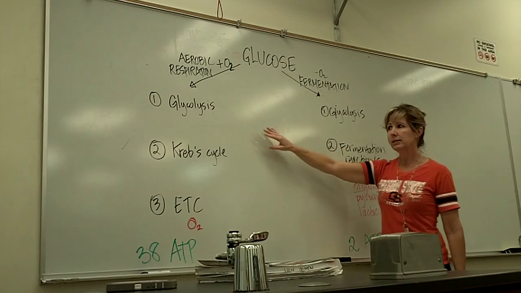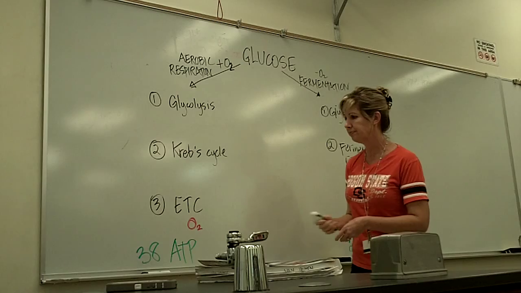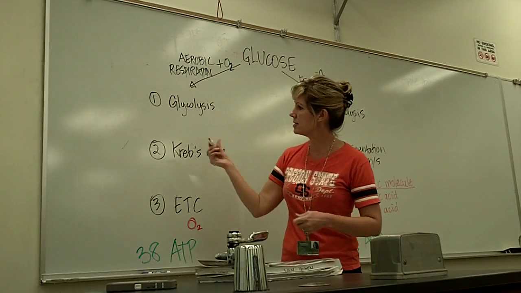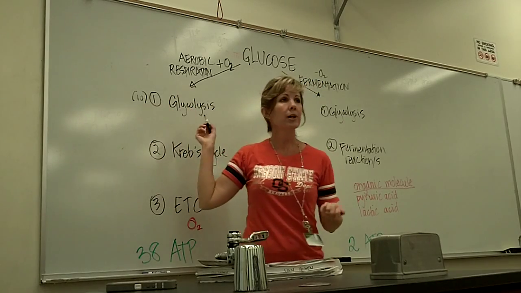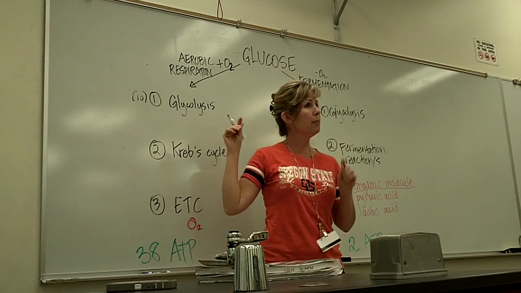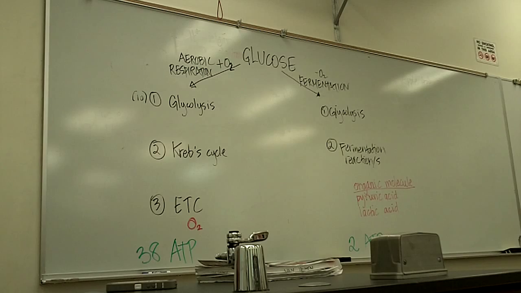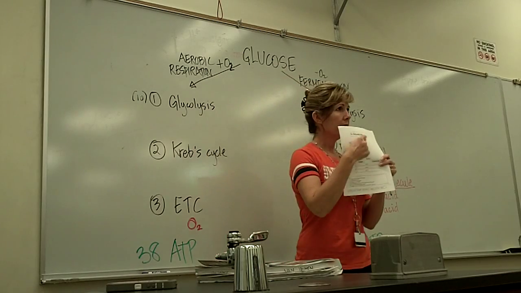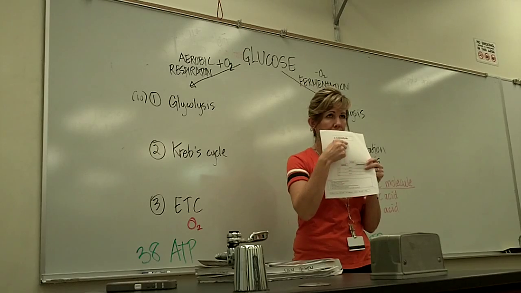Now let's look at a little more detail with aerobic respiration and fermentation. And I did mention that glycolysis is really 10 different reactions. You don't have to memorize that. But I do want you to realize that even though I have it as just one single arrow, I have just folded in 10 different chemical reactions within here.